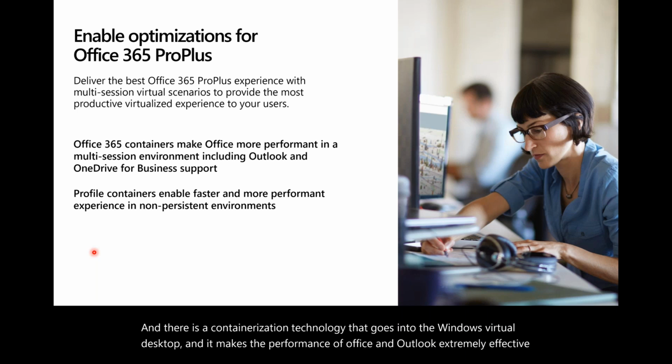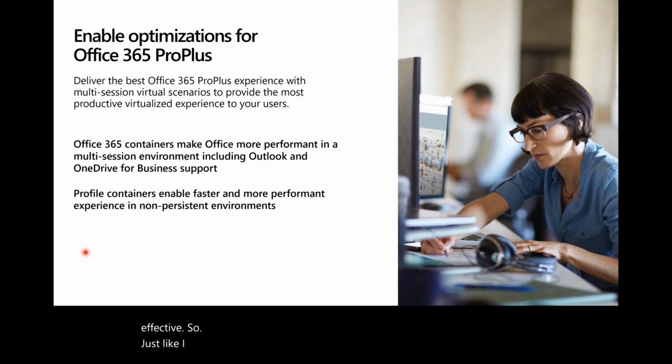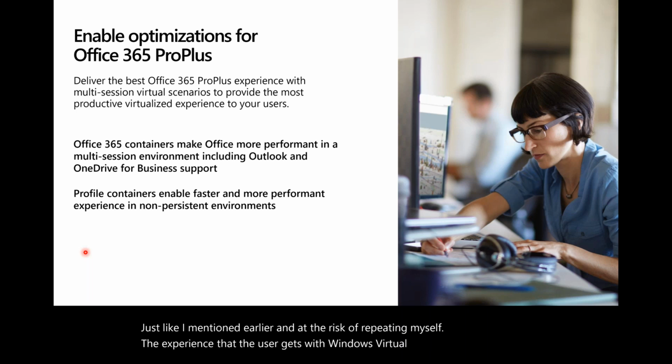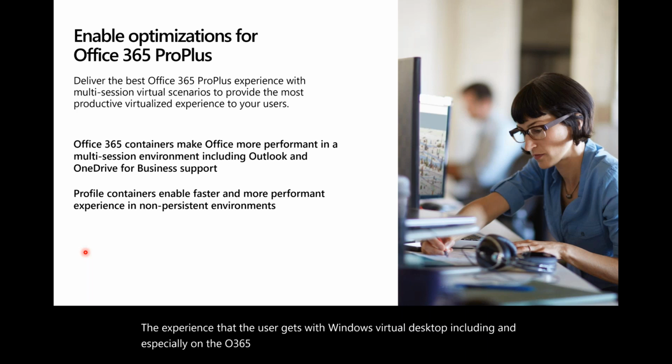Just like I mentioned earlier, and at the risk of repeating myself, the experience that a user gets with Windows Virtual Desktop, especially on the O365 applications, is seamless and exactly the same as they get on a native desktop. So you need to take this into consideration.